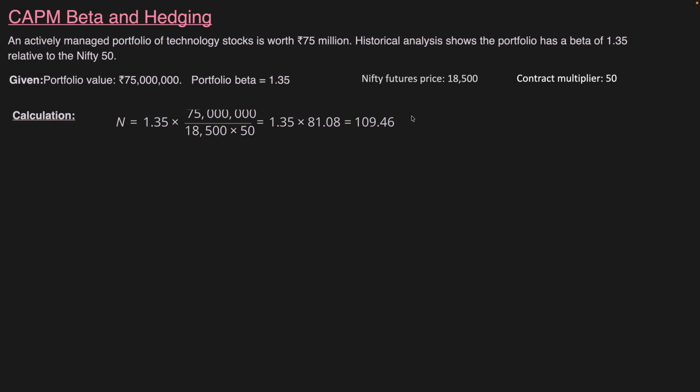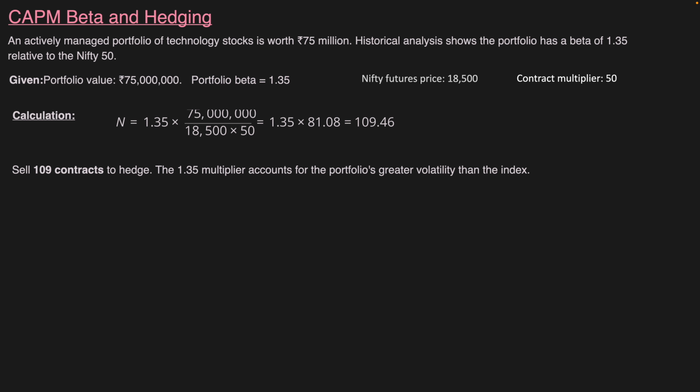That is, approximately 110 contracts are required to be shorted in order to hedge this portfolio.